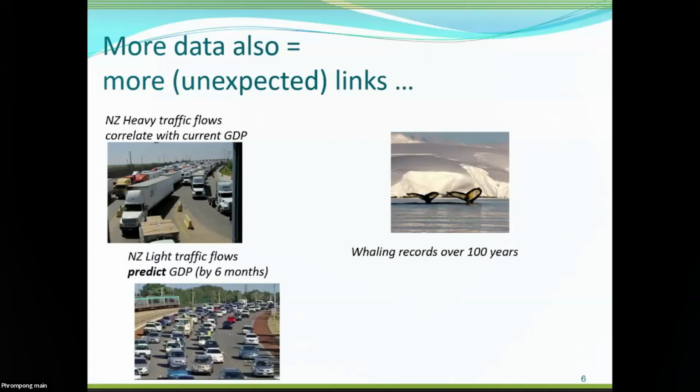There was a lovely example of whaling. People used to hunt whales in the Southern Ocean, Antarctica, and they kept really good records of every single whale. And like, why would anybody pick that? Why is it interesting? Well, it wasn't interesting to anybody except people hunting whales at the time.